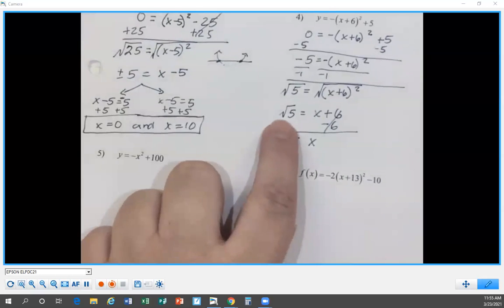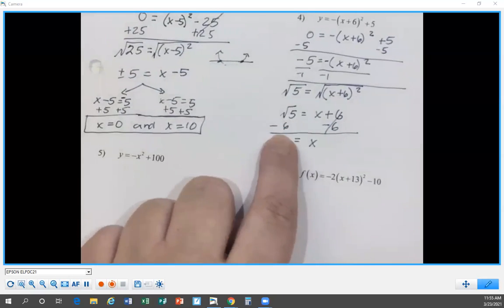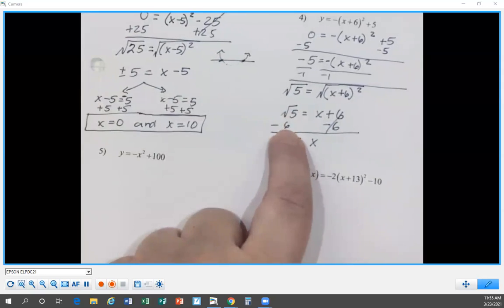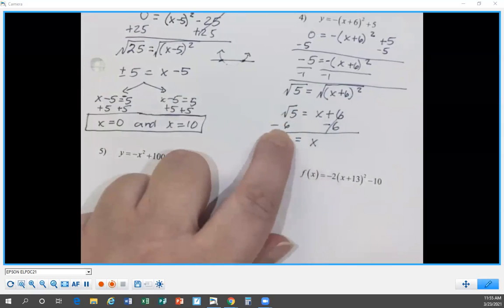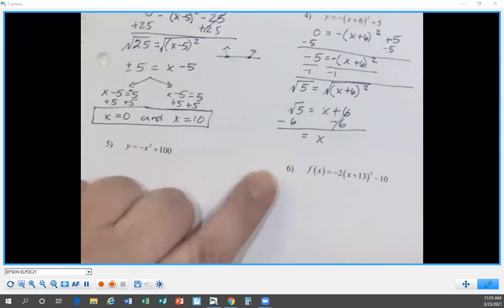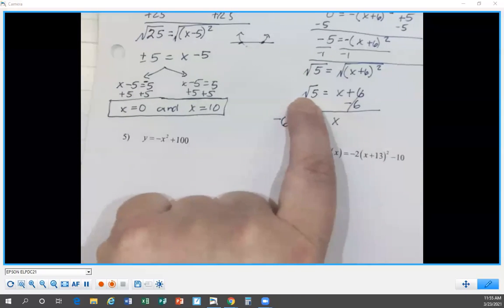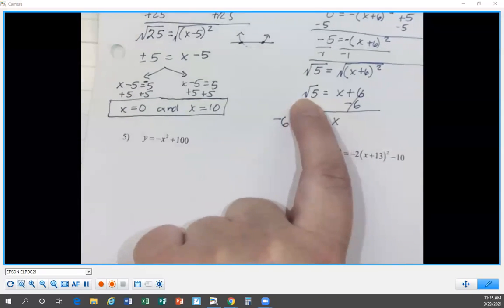Now, when we have an irrational number and a rational number, we don't combine them. We leave it in this form. And we're always going to write the rational number first, so -6, and then add or subtract the irrational number last, and that's a positive.